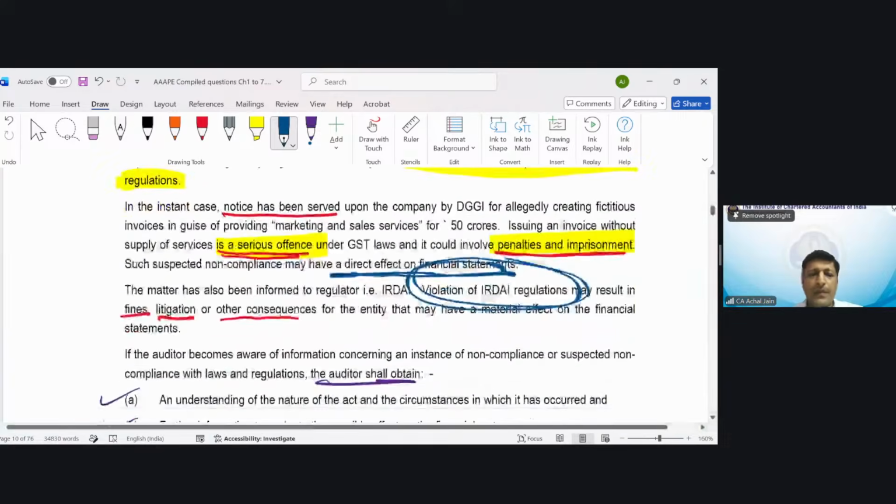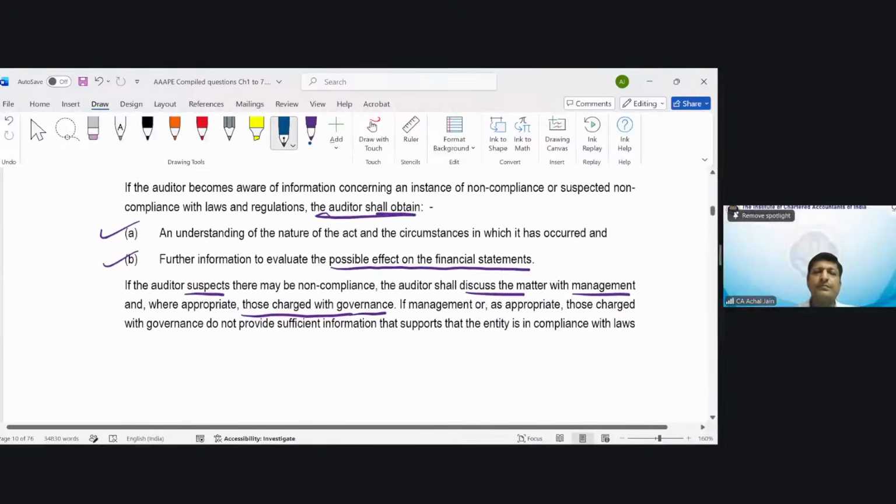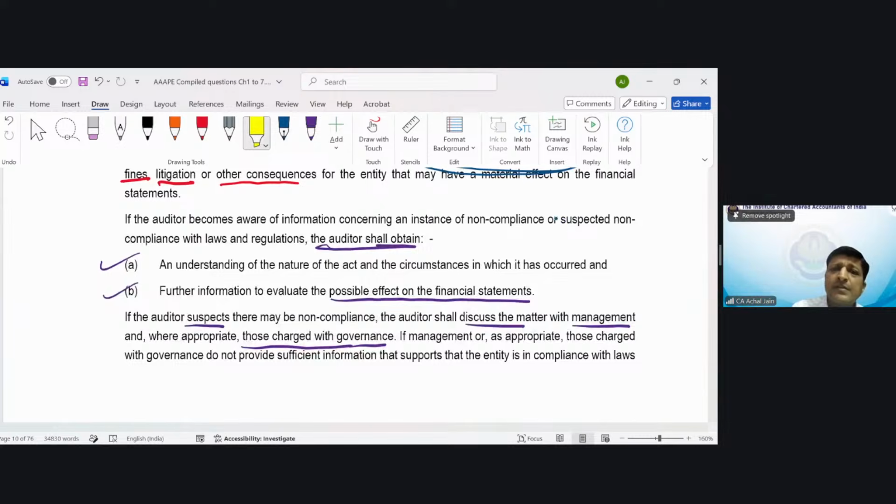Yes or no? Now, if you look at it from the auditor's perspective, if the auditor becomes aware of information concerning an instance of non-compliance, or say suspected non-compliance, let's suppose it's only suspected, does it really matter? Yes, that will also matter.